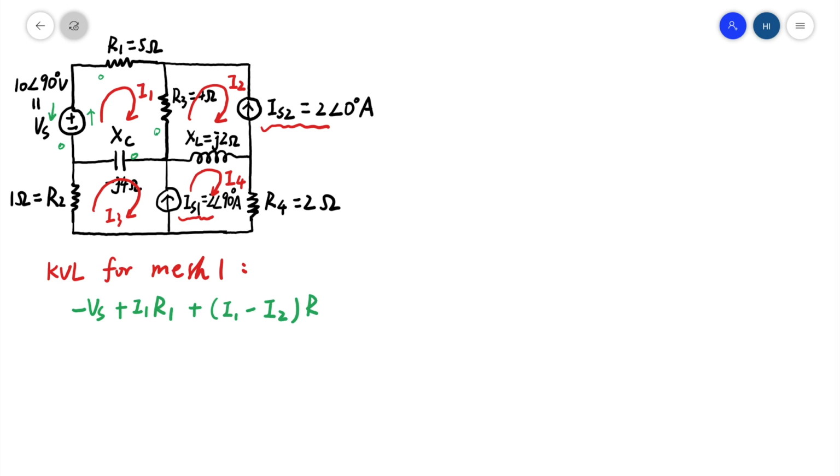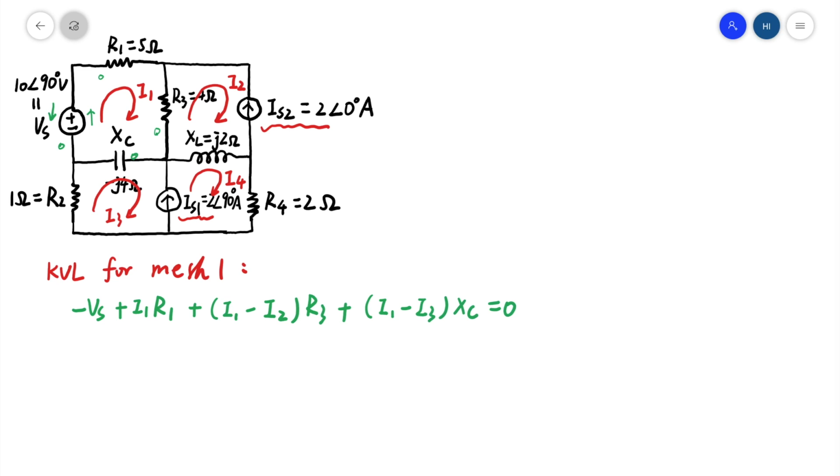And then for the capacitor, it belongs to mesh 1 and mesh 3, so it will be I1 minus I3 times XC equal 0. That's the KVL equation for mesh 1.